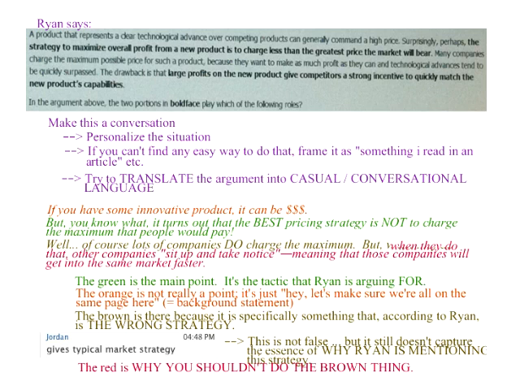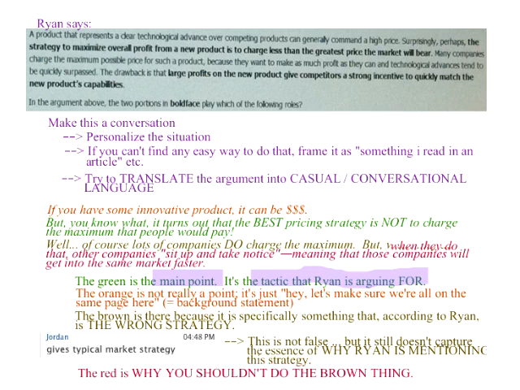Okay, so let's take these and see where we get with them. The ones that we are actually interested in the problem are the green and the red, because those are the things that are bold-faced. So the green thing is the main point. It's the tactic that Ryan is arguing in favor of.